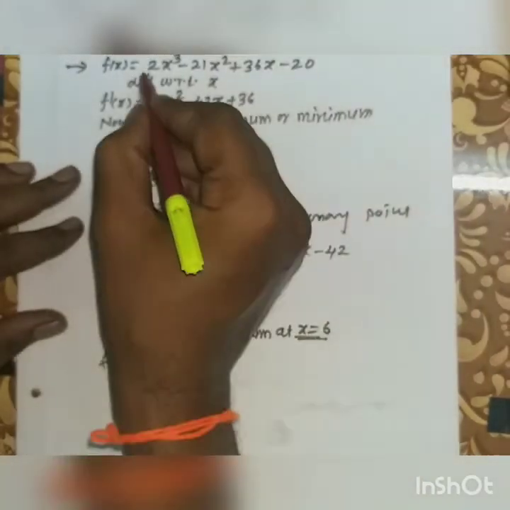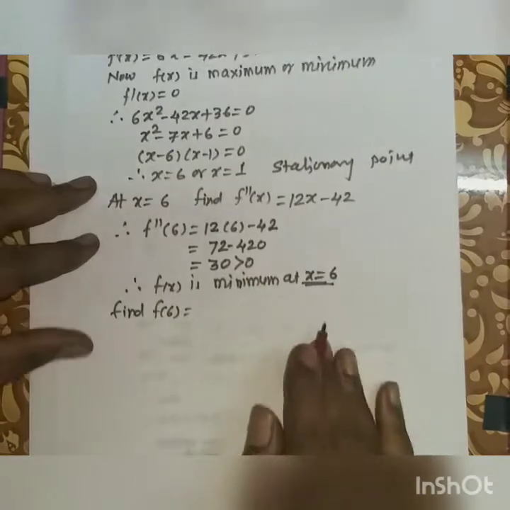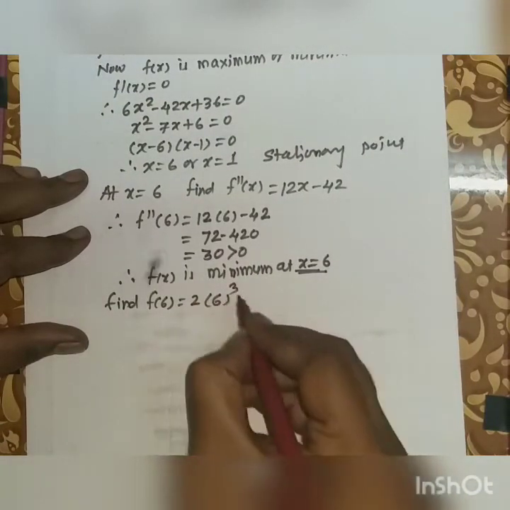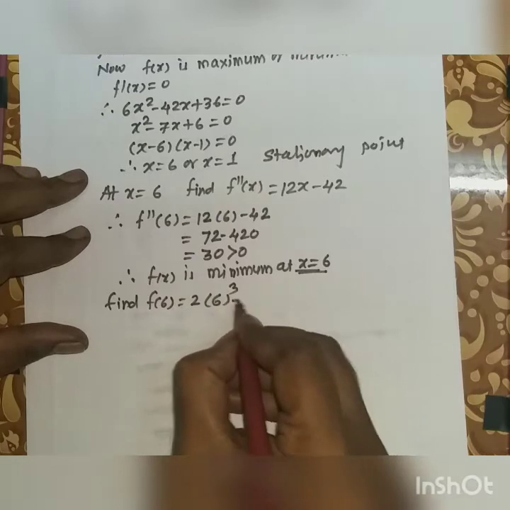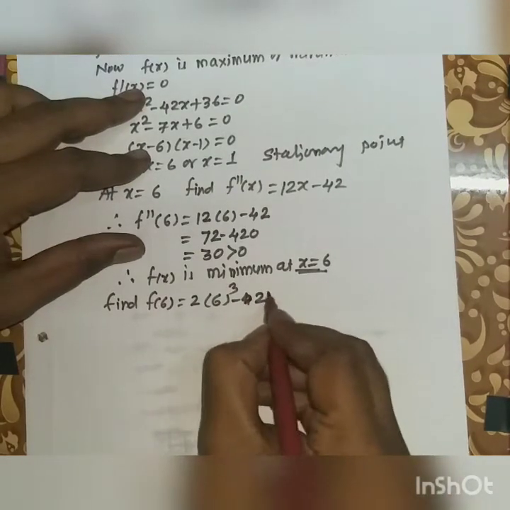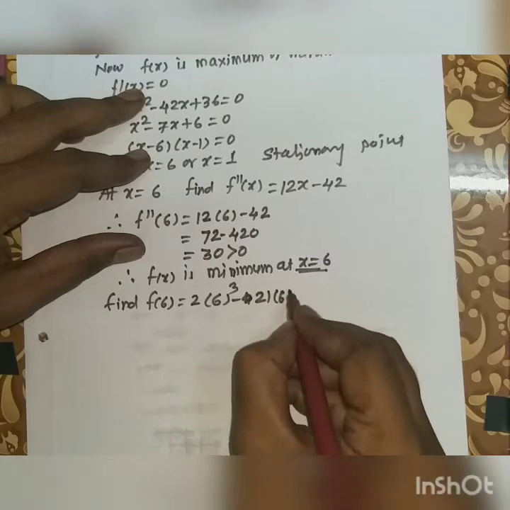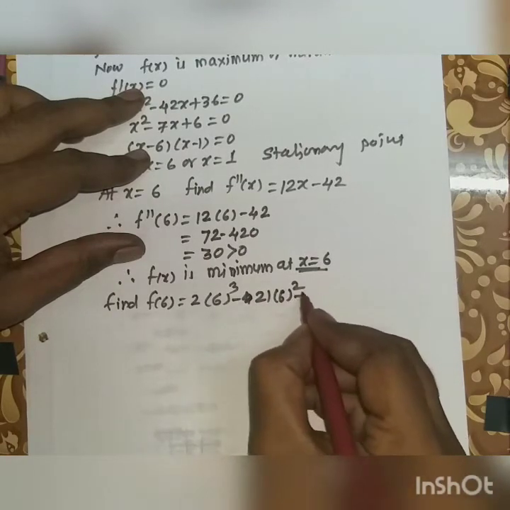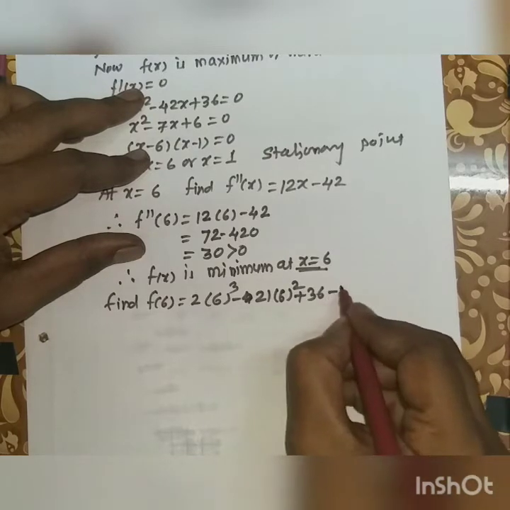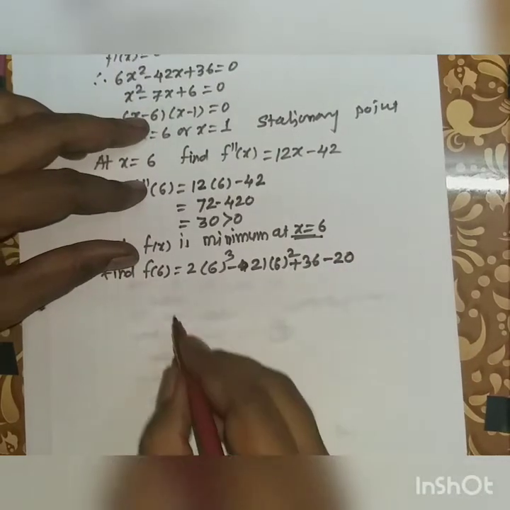In the given example, in place of x we substitute 6: 2 into 6 cube minus 21 into 6 square plus 36 into 6 minus 20.